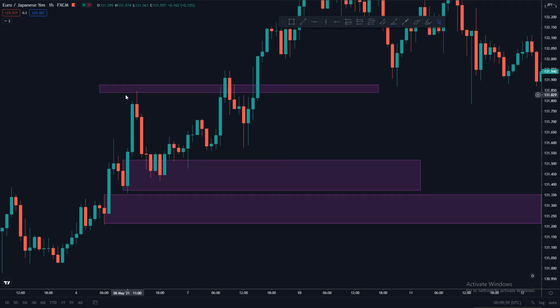This is perfect. So now what do we see? We see the market break this higher high, this move going up, then it came back into our order block. There are so many ways that you can enter here. You can go on a lower time frame and look for the same thing going up again.